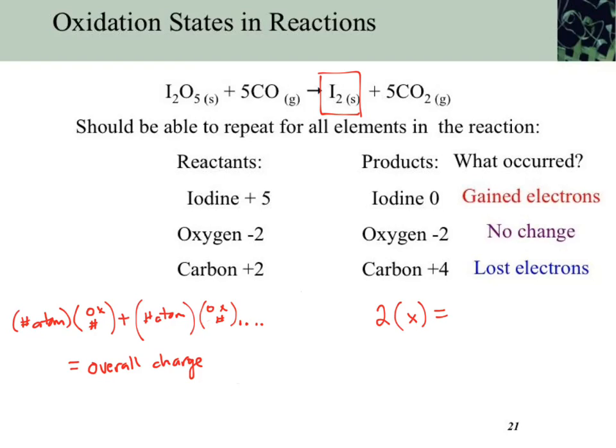What does that have to equal? That has to equal the overall charge. What is the overall charge on I2? 0, which is written in the upper right-hand corner. Nothing is written there, so it's 0. What is the oxidation number for iodine in I2? 0.